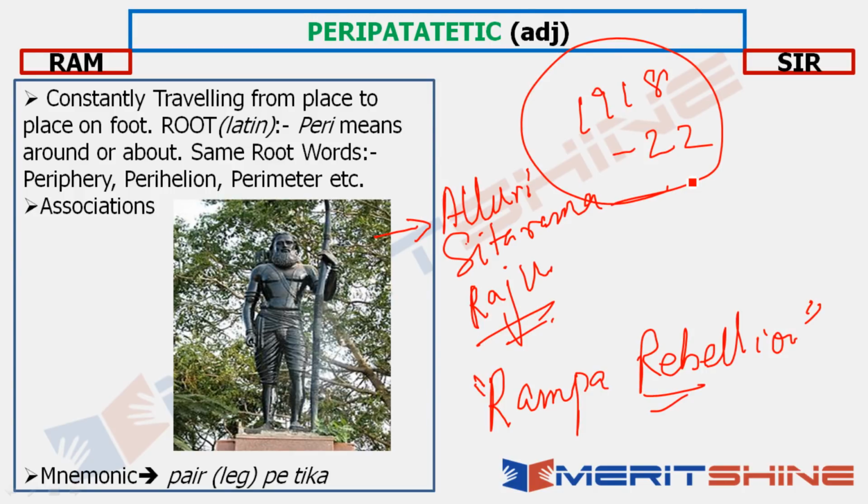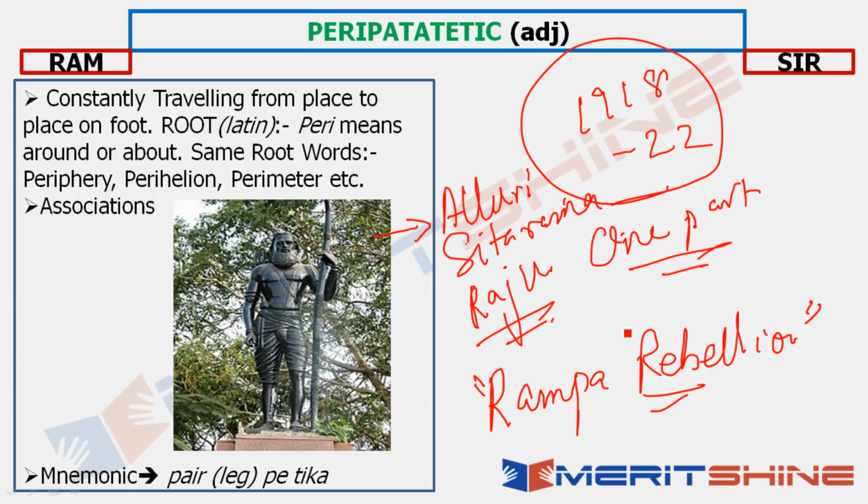Please understand, in some parts of India, the tribal people have a system where in one part of the season they are in one area, and in another part of the season they are in another area, because different kinds of crops grow in different seasons in different areas.